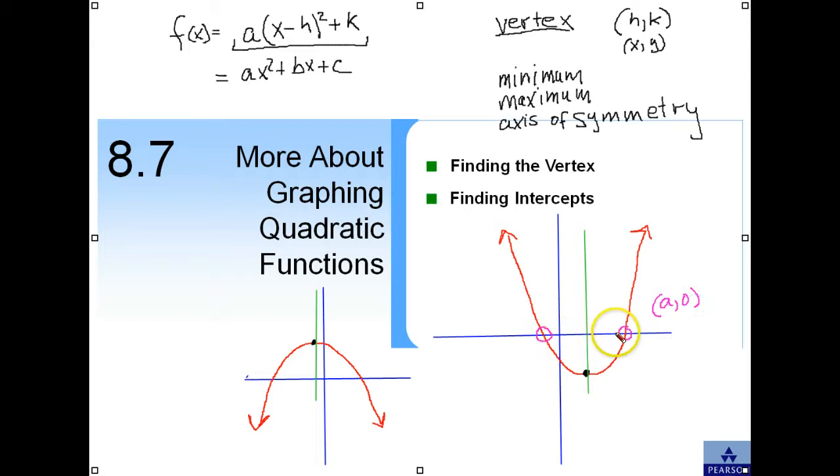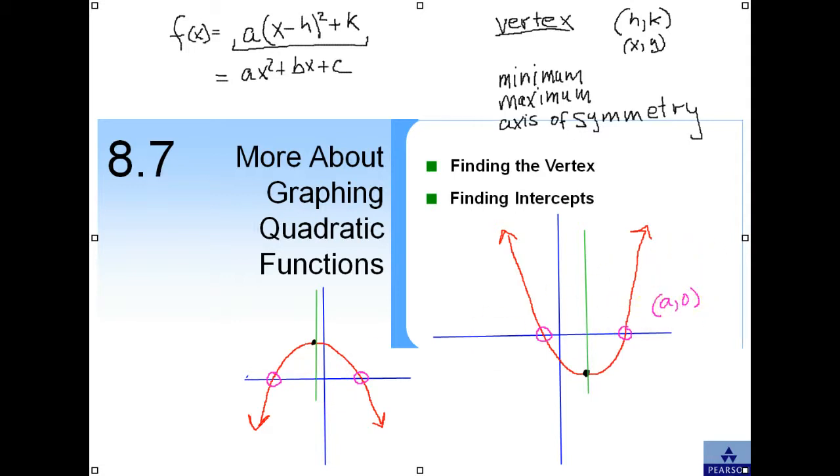And there's two of them. And this relates to finding the zeros. Okay? We'll get to that toward the end. And over here, the x-intercepts are right there and right there. Notice when we find our x-intercepts, our y value is 0.